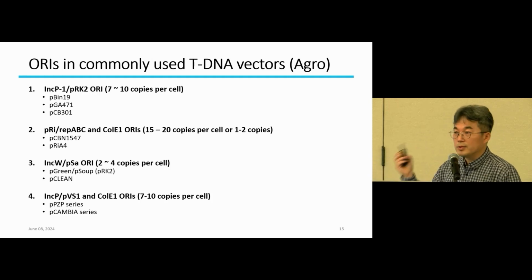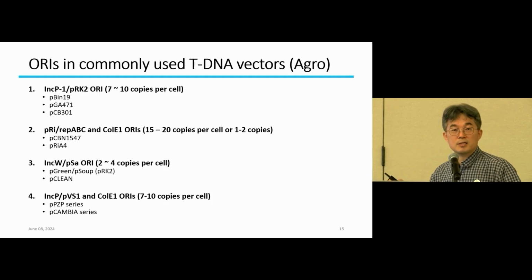So if we are thinking of making, let's say, multiple T-DNA vectors, instead of multiple T-DNAs on one binary vector, another option is you can put two binary vectors, each one carrying a different T-DNA. As long as they're compatible, you can put them into the same cell.